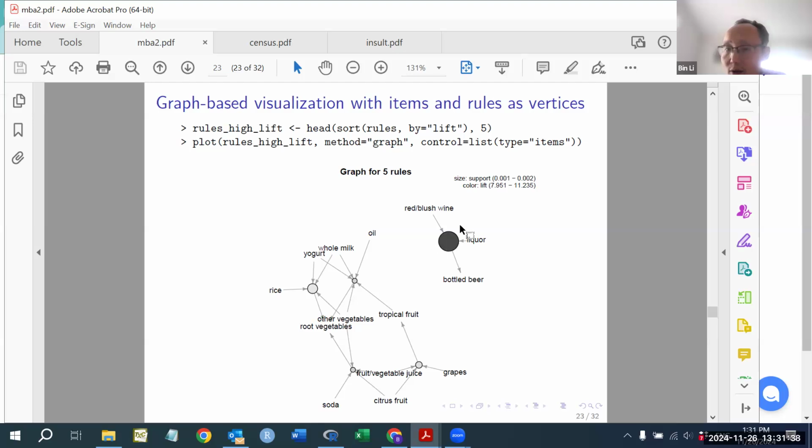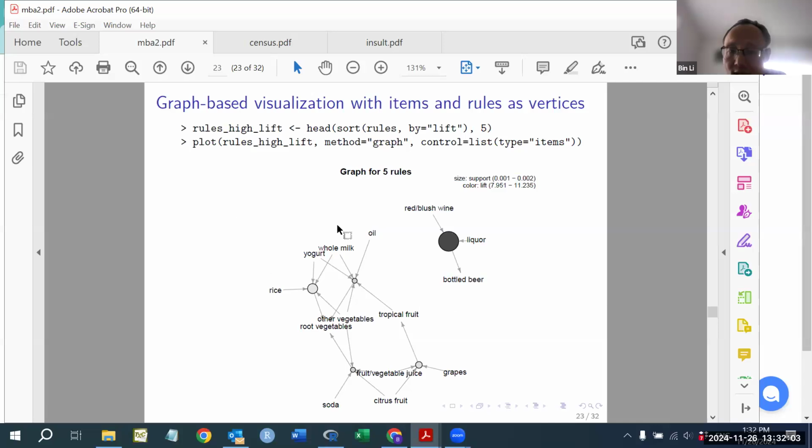Here the rules are vertices, and we have the arrows pointing to the vertices. These are the antecedents, and for those arrows pointing out of the vertices, these are the consequents.